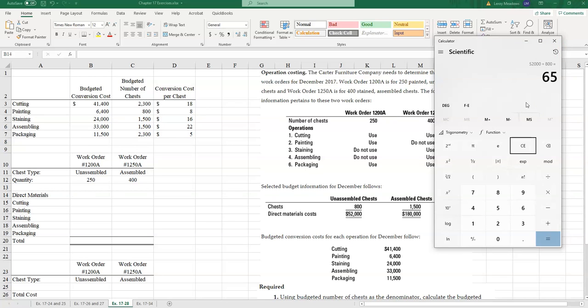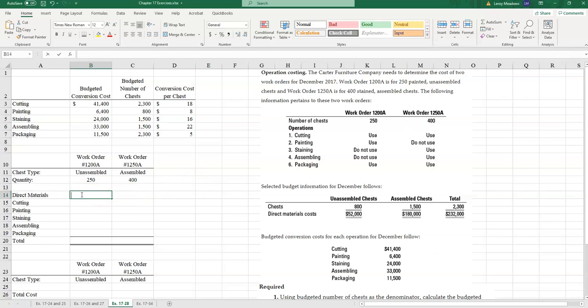And so my direct materials cost per chest is $65. My work order only calls for 250 chests. So I'm going to multiply that $65 times 250, and that gives me $16,250 worth of direct materials cost for that work order.